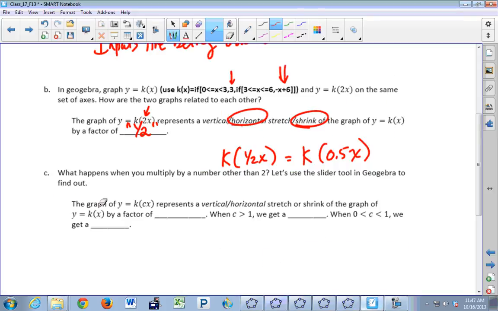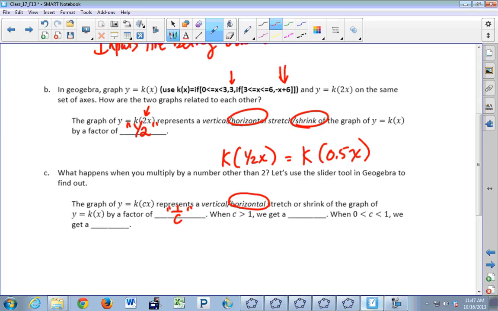So the graph of y equals k of cx represents a horizontal stretch or shrink of my original graph k of x by a factor of, be careful, what goes in here? Whether you're stretching or shrinking, what goes in here? 1 over c, right? 1 over c. It's the inverse of whatever the number is, the multiplicative inverse.